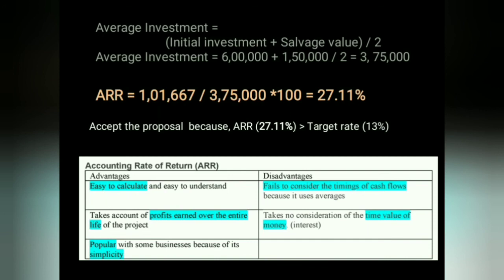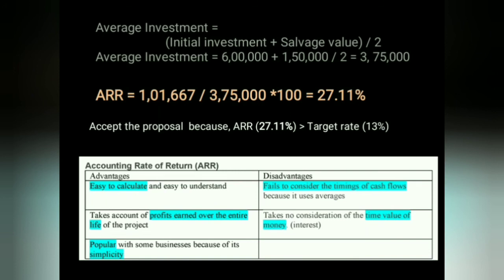It is easy to calculate and easy to understand, and it takes account of profit earned over the entire life of the project. It is popular with some businesses because of its simplicity. It is very simple and easy to calculate, and it is calculated according to the profits generated by the companies. These are the advantages.